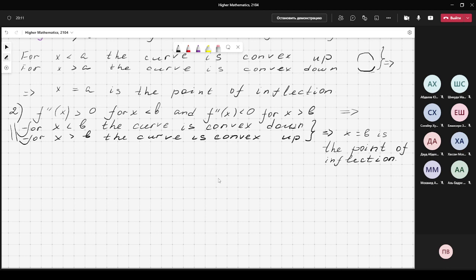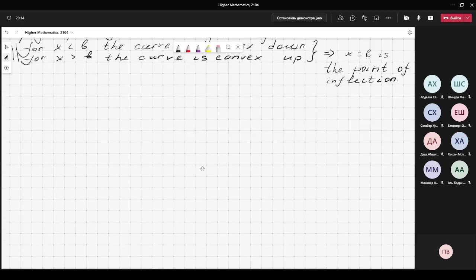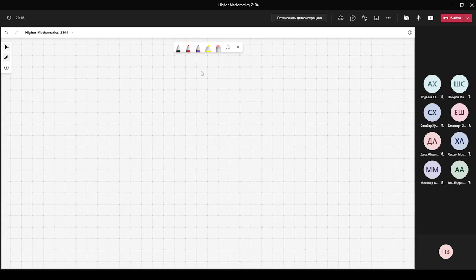The theorem is proved. Consider the example. Example 4 from this theme.